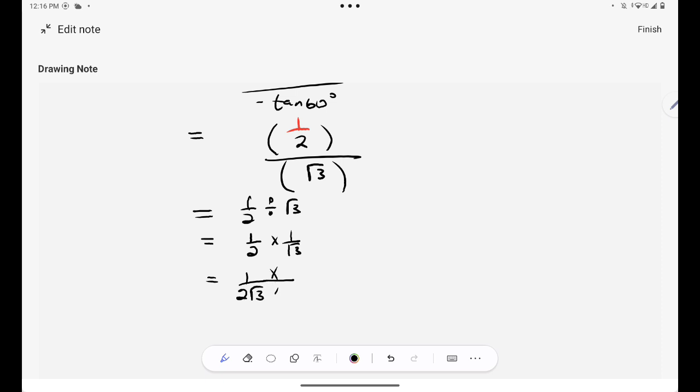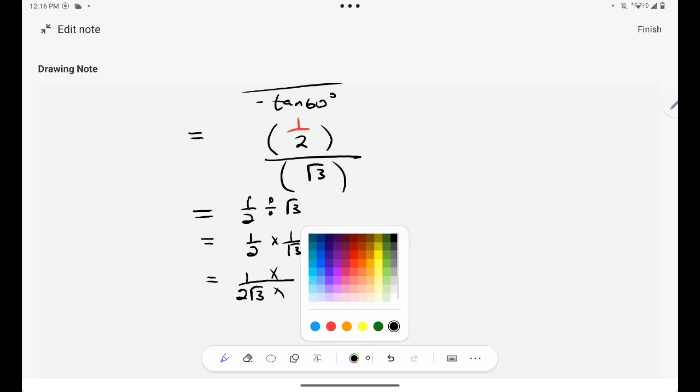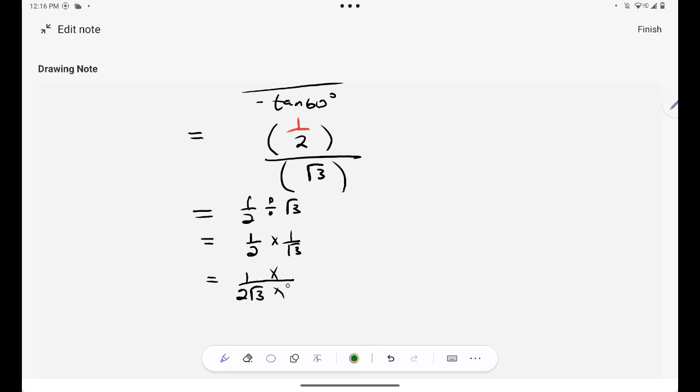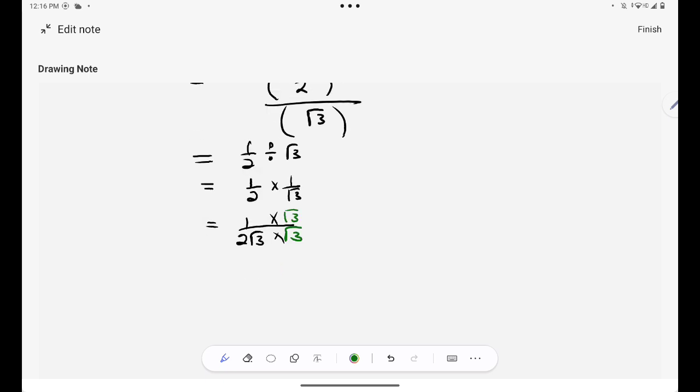Then I can rationalize my denominator, because whenever I'm doing this, I must do it without the use of any calculator. Then I'll have the square root of 3 all over 2 times 3, which is the square root of 3 over 6.